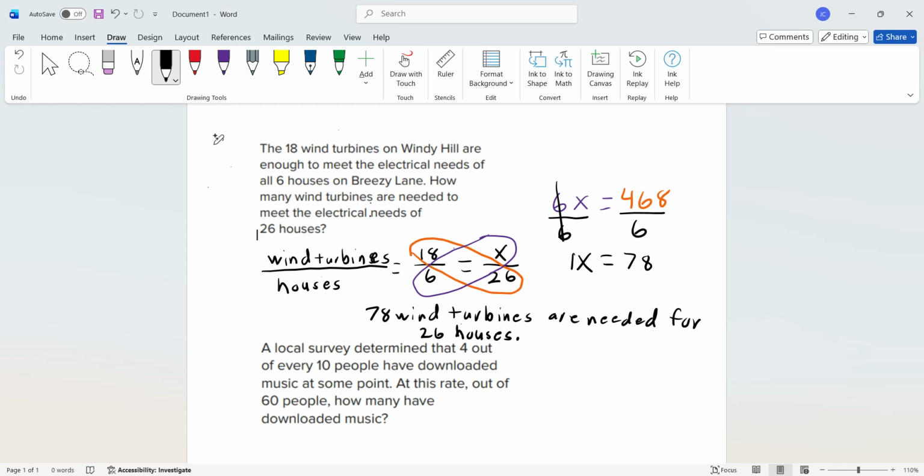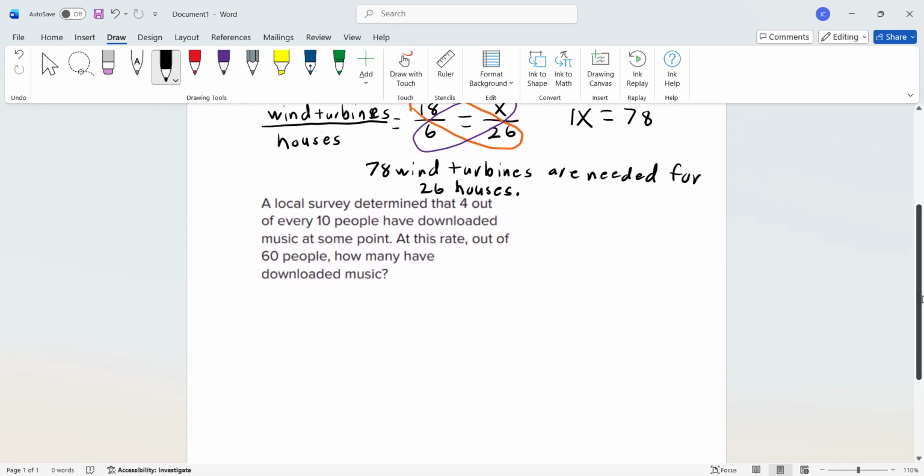So just use the question to help you write it. All I took was wind turbines are needed to meet the electrical needs of 26 houses. Well, 78 wind turbines are needed for 26 houses. Easily put. So let's go to the second problem here.